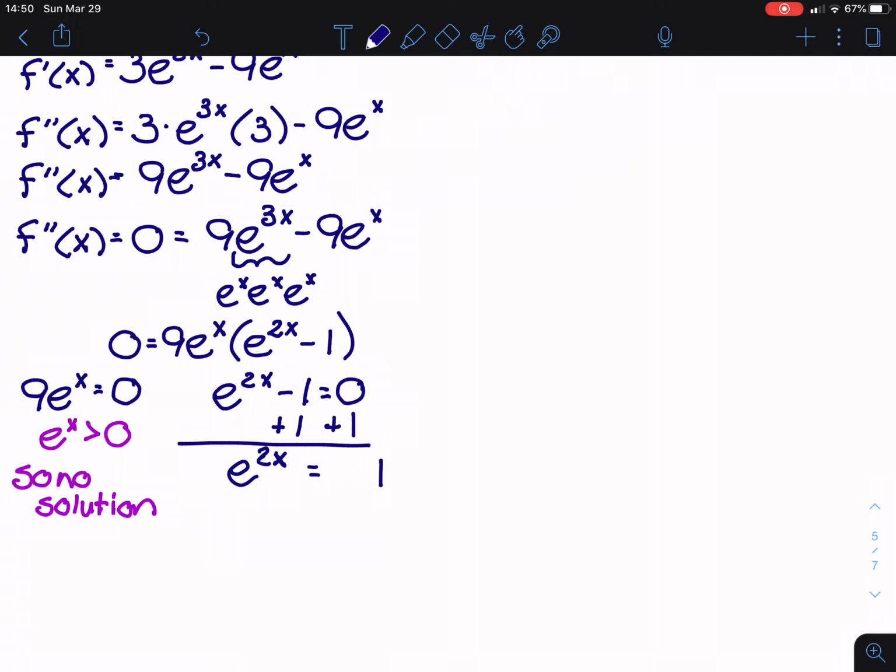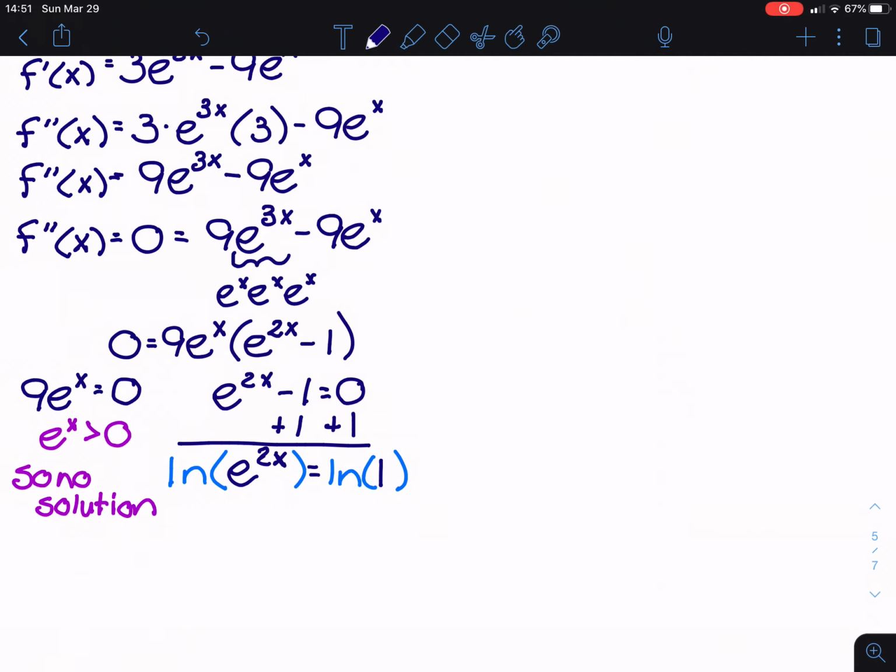All right, so the problem is I have x trapped up in my exponent. I need to somehow undo the exponential, undo the e. And the way that I do that, the opposite of e is natural log. So I'm going to take the natural log of both sides.